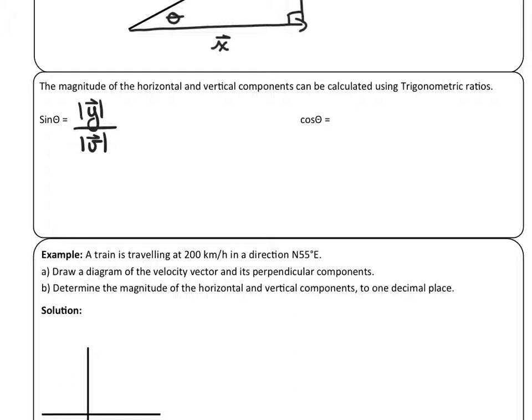And cos of theta is going to be the magnitude of x, or the length of x, divided by the magnitude of our vector v. This means that if we know the angle, we can find some of these lengths by using either the Pythagorean theorem or the trigonometric ratios.